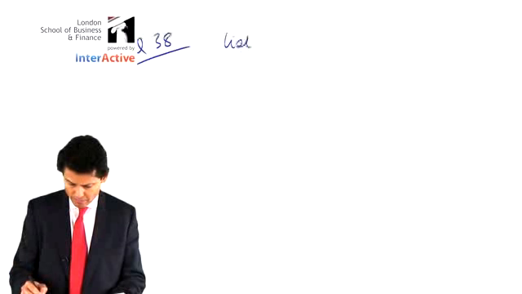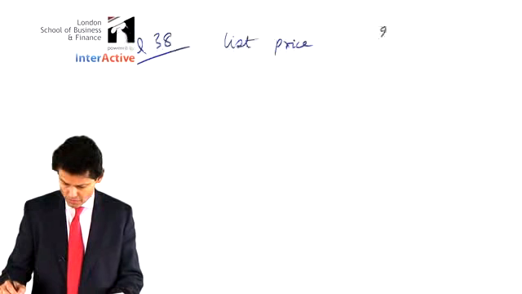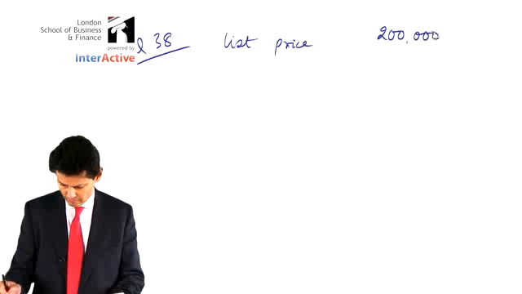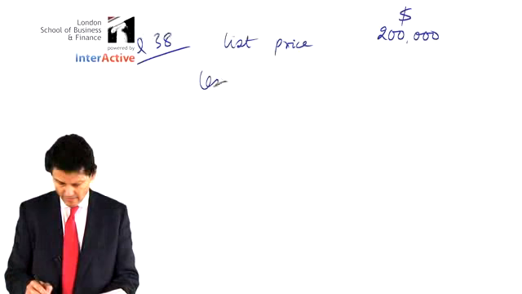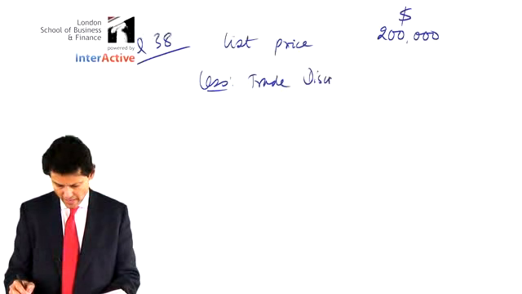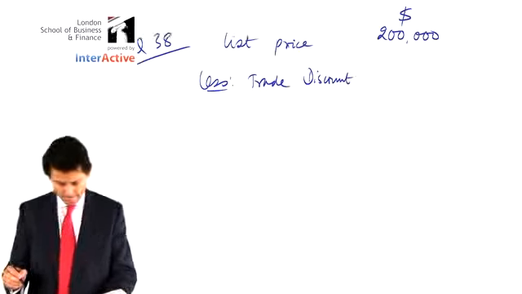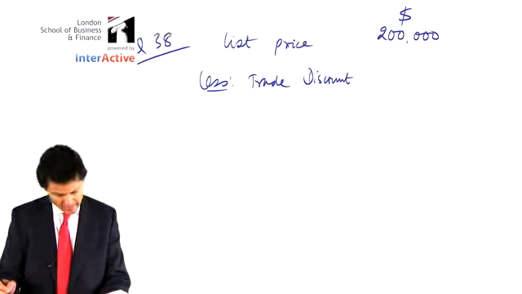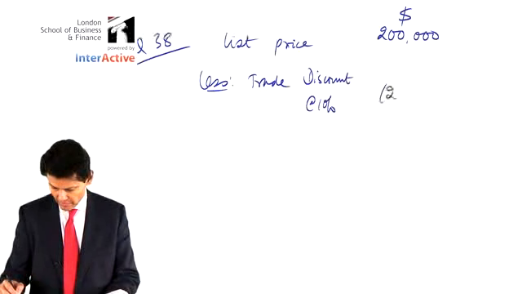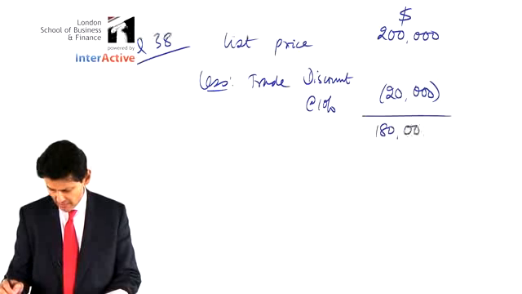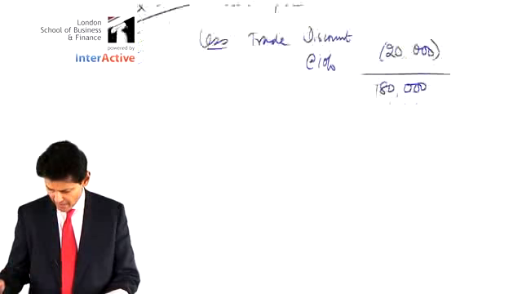So here we are, question number 38. The list price is 200. I might keep some zeros going because some of those numbers look quite detailed. Less the trade discount, which is 10%, which is clearly 20, or 180. Now, careful.